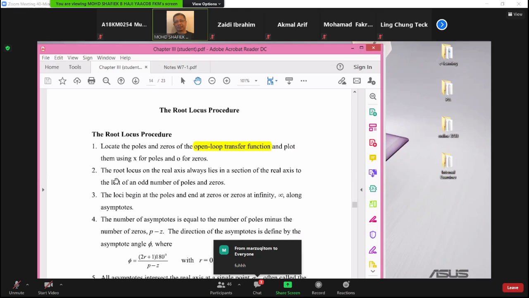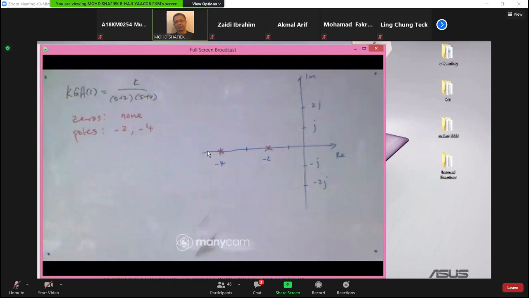The second step, root locus on the real axis. We are talking about the real axis, lies in the section of the real axis to the left of an odd number of poles and zeros. So this is the real axis. On the real axis, the root locus exists to the left of odd number poles and zeros. So you start from the right.